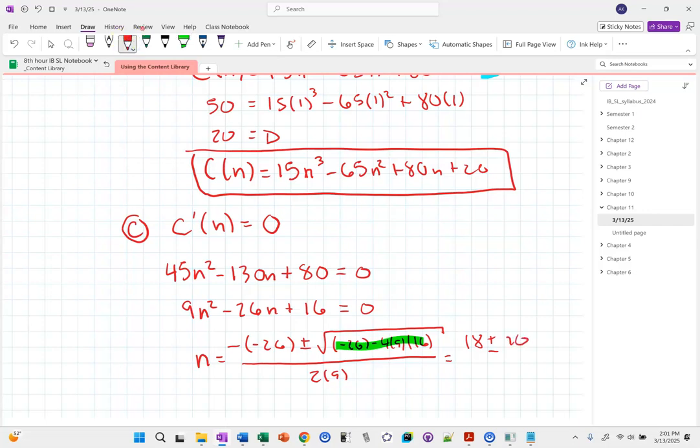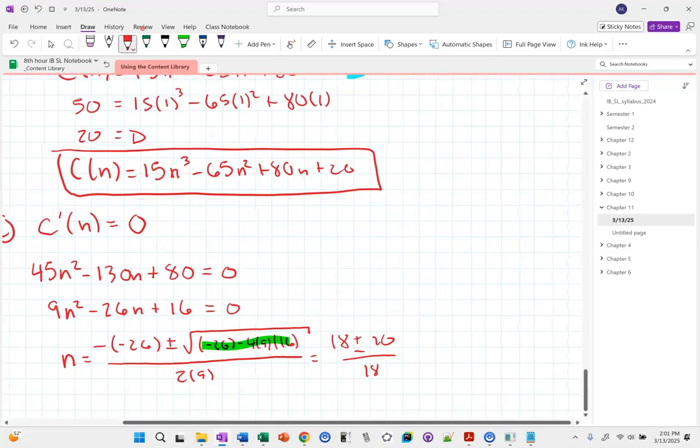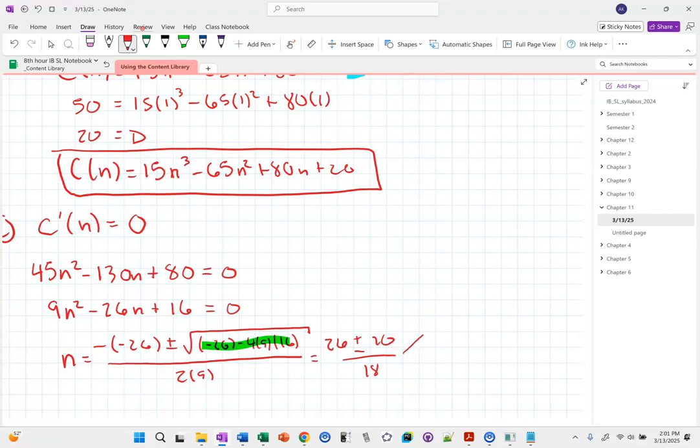So the square root of 100 is just 10. Oops, I don't know why I wrote 18 twice. That's a 26. So 26 plus 10 is 36 over 18, which is 2. And then 26 minus 10 is 16 over 18, which is 8/9.